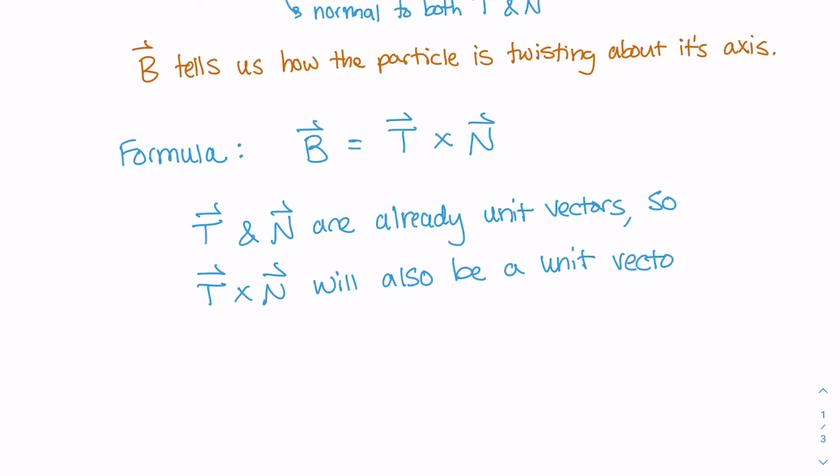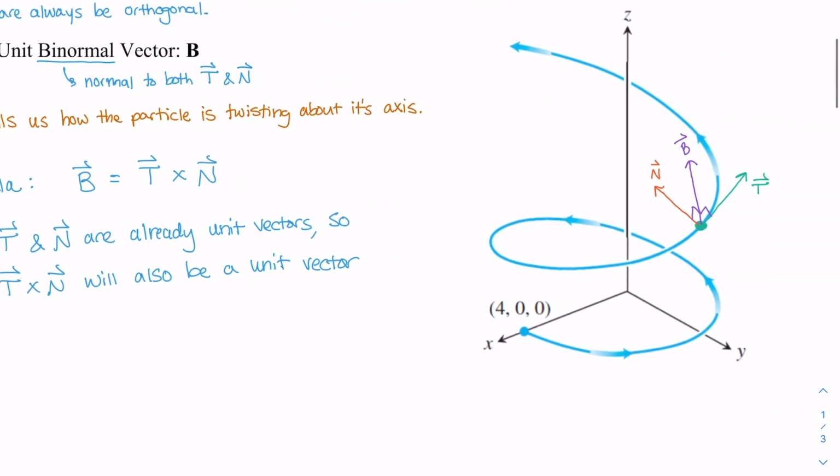And that's how we get a third mutually orthogonal vector to T and N.